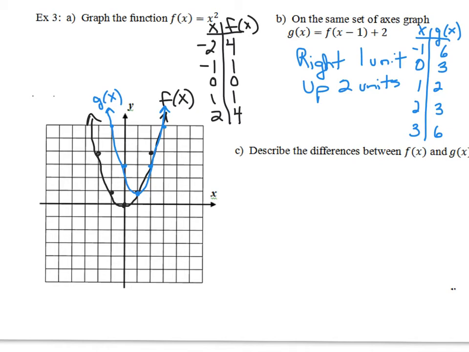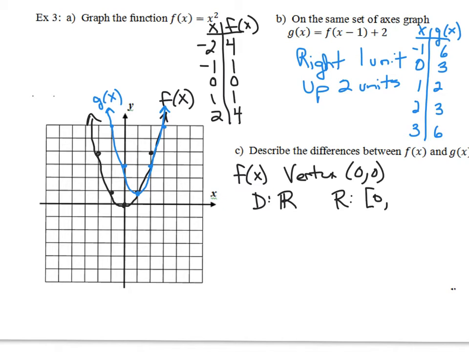So the differences between the f of x graph and the g of x graph: our f of x graph has its minimum or vertex at the point 0, 0. It has its domain as all real numbers, or again you can write it as -infinity to infinity. And it has its range 0 to infinity.